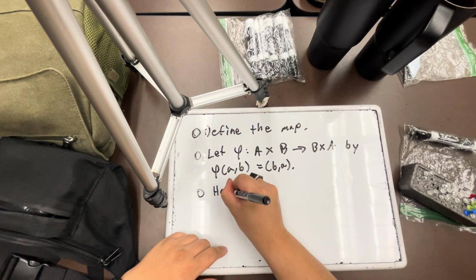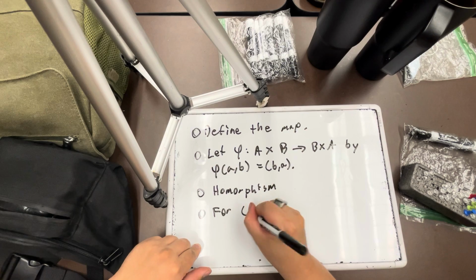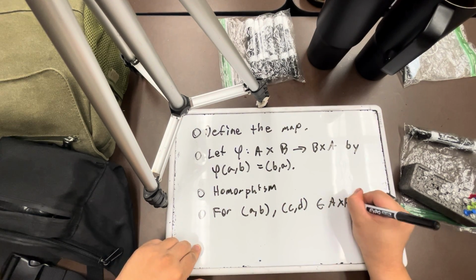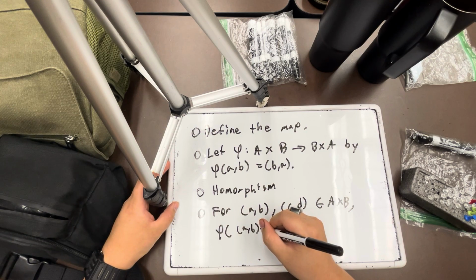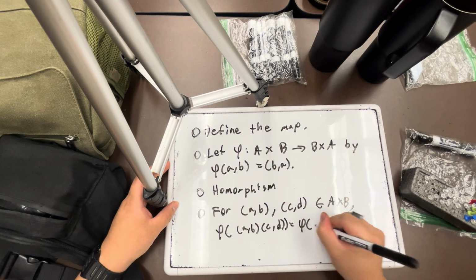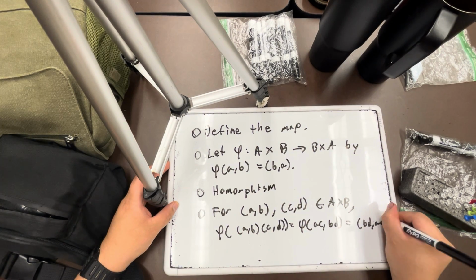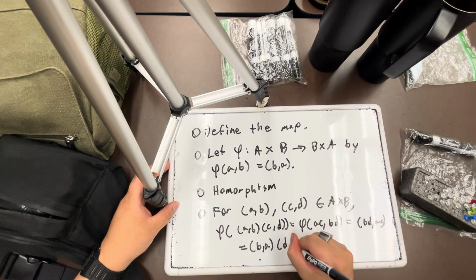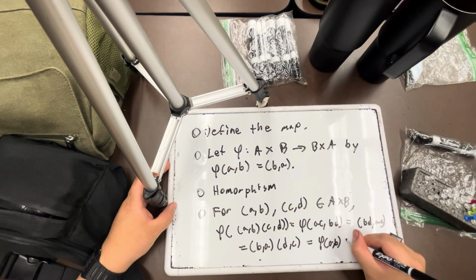Now for the homomorphism part, for (a, b) and (c, d) within A cross B, phi of (a, b) times (c, d) in this case is equal to phi of (ac, bd), which is equal to (bd, ac), which is equal to (b, a) times (d, c), which is equal to phi of (a, b) times phi of (c, d).